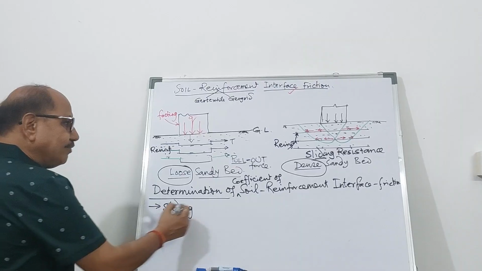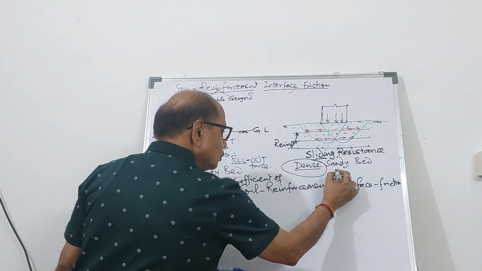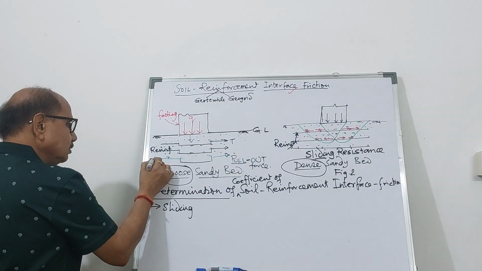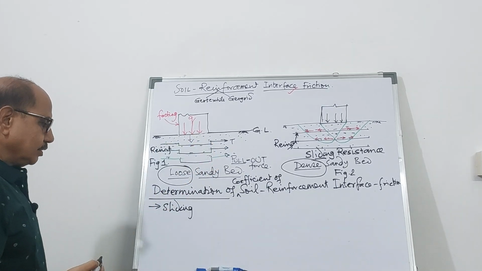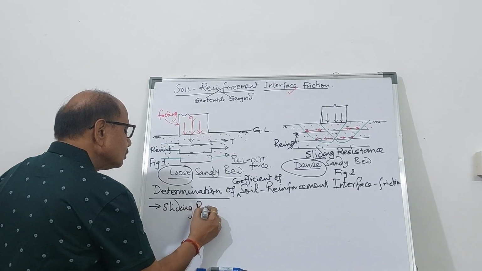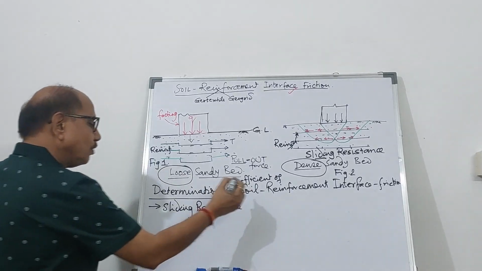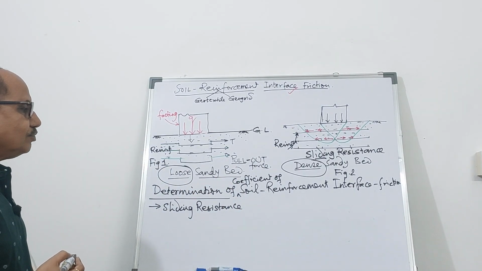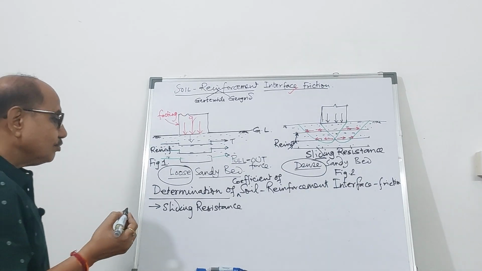If the behavior is like this, as shown in figure 2, and this is figure 1, two distinct behaviors. If it is sliding resistance, how will you find out? How will you determine the coefficient of soil reinforcement interface friction?